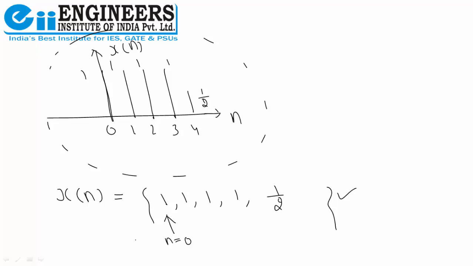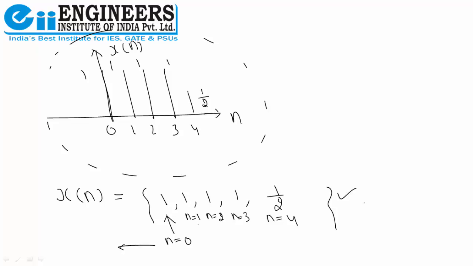If you move to the left hand side, n will decrease. But on the left hand side there is no sample, so we move to the right hand side, where there are samples: this is n is equal to 1, n is equal to 2, n is equal to 3 and n is equal to 4. So you know that at n is equal to 0 there is a 1, at n is equal to 1 there is a 1. So you can simply draw the figure.